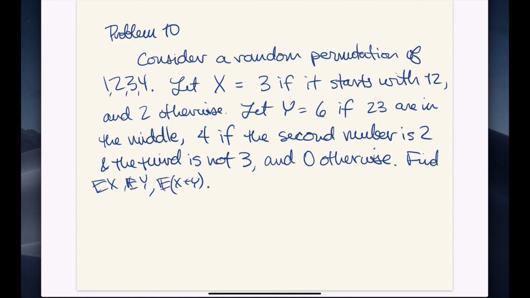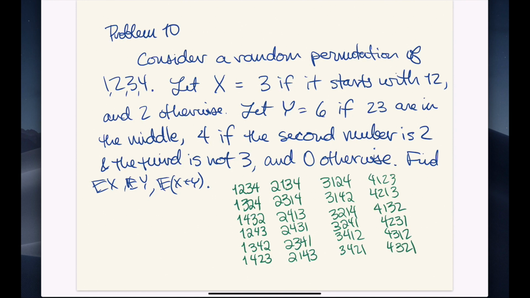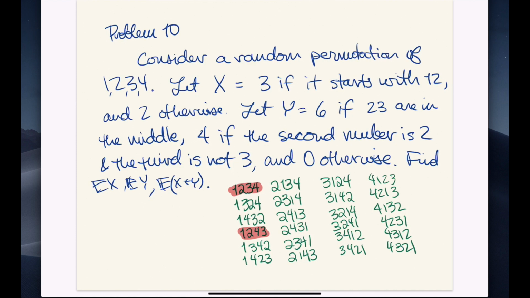I want to do it by just writing out all the permutations and highlighting the various places where X and Y take on different values. So X is 3 on those two permutations, and it's 2 everywhere else.